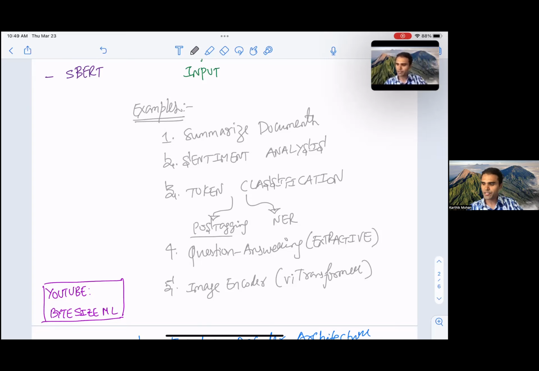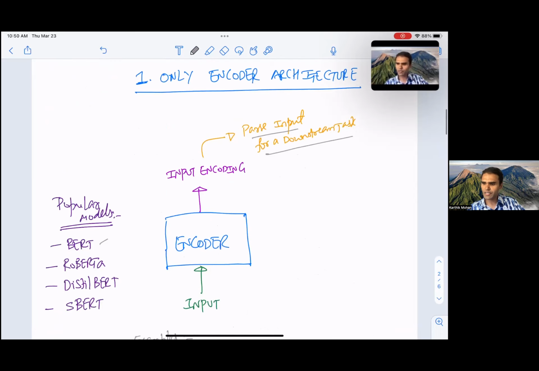And then you can also do image encoding. This is, for instance, through the use of ViT, the vision transformer, which takes in images as input and produces image encoding, which can then be used for downstream tasks, such as image captioning or image classification, for instance. So that's the encoder only architecture.